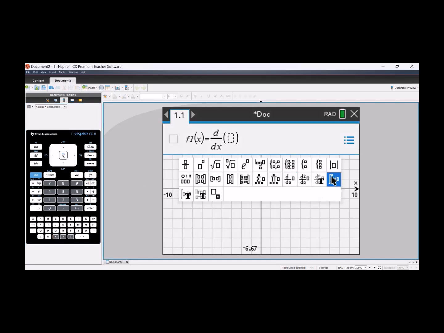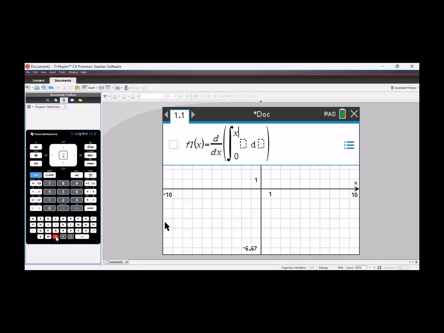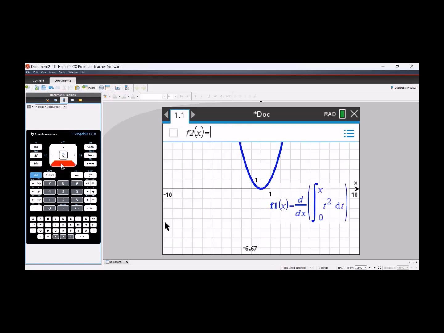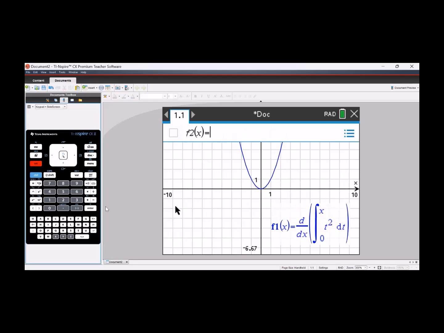So we're going to do the integral from, and we're going to use the constant 0 first. 0, tab up to x of, and we're going to tab, and we're going to use the function x squared, but we're not going to put in x's, we're going to put in t's because you don't want to use x twice. So we're using a different variable. Tab and then another t. And then I'm going to arrow down. Notice there's the graph. Notice it is just the function x squared.